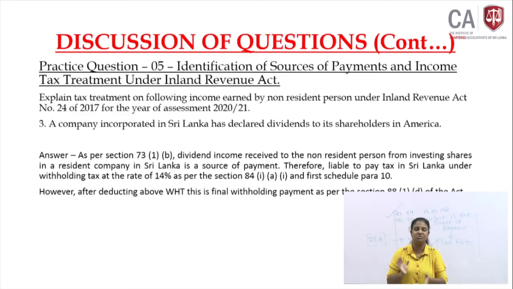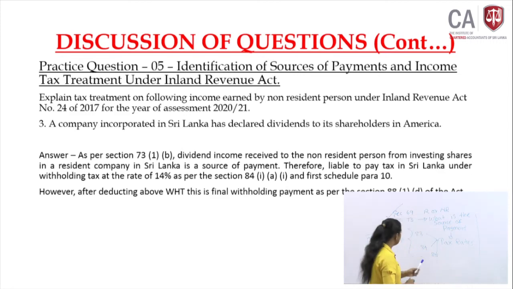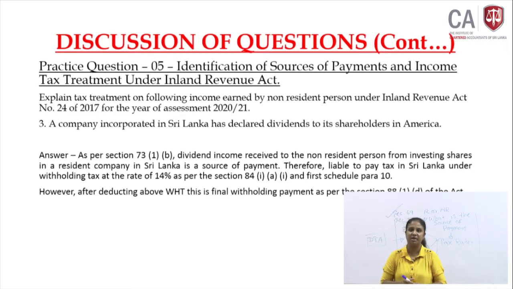That's the simple story. If it is so, the first thing you have to look at under section 73 is whether a dividend income is a source of payment. Yes. Then do you know what is the tax rate? It's 14%. Then after deducting that, what is the treatment? It is a final withholding payment.